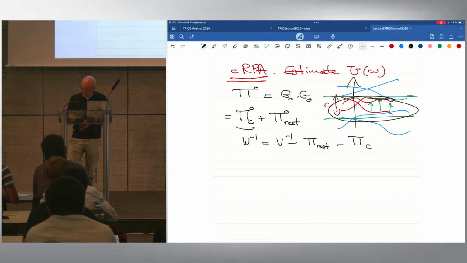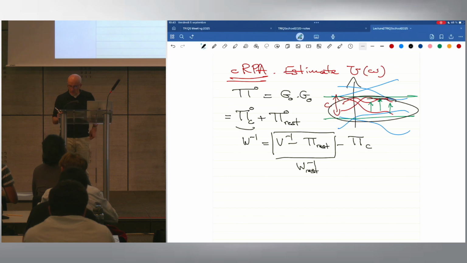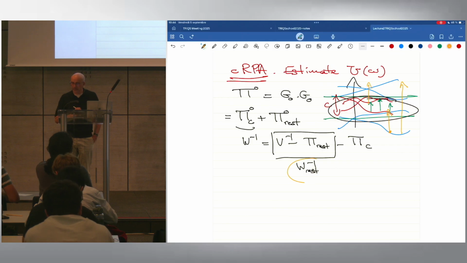And you see that it is very natural to say that this is the screened interaction W rest minus 1, due to all the particle-hole transitions that involve an initial and a final state that are not both in the correlated subspace. So for example, transitions like this one or that big one here or this one are all included in pi rest, but not the green one that is internal to my target subspace.